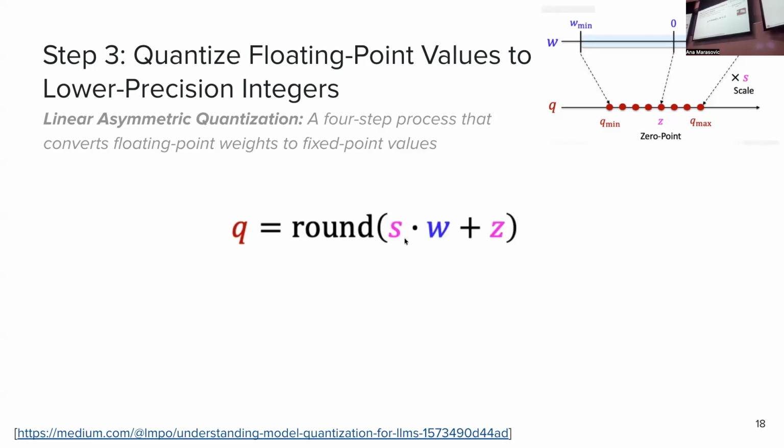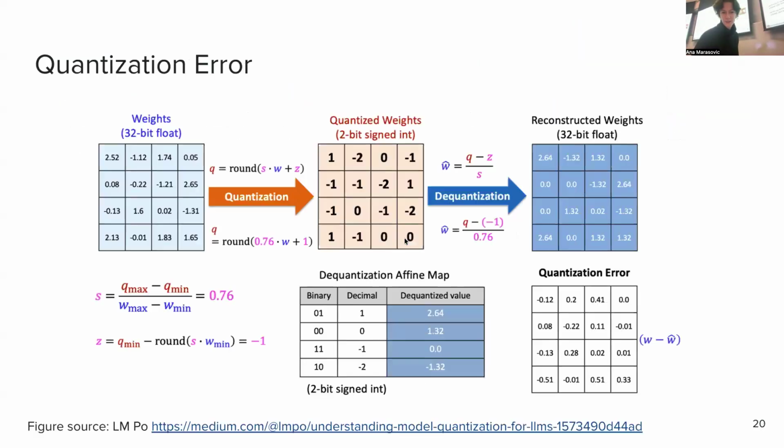Yeah. I've been seeing a lot of these round functions in these equations. Are we rounding up or are we rounding down? That's a good question. I don't remember. I will check it. Or we can see in the next example, maybe. Let me see here.